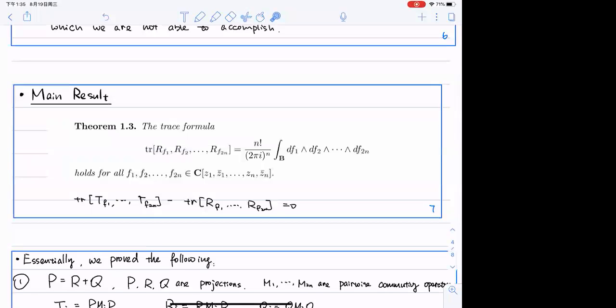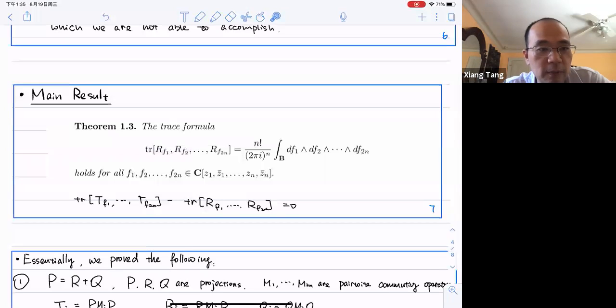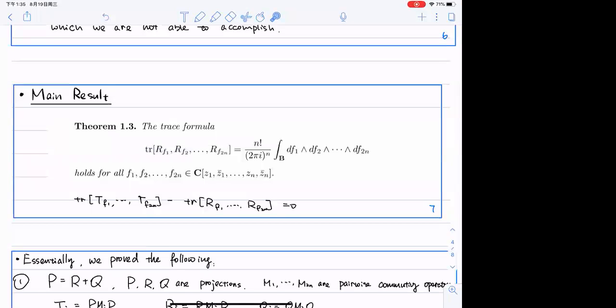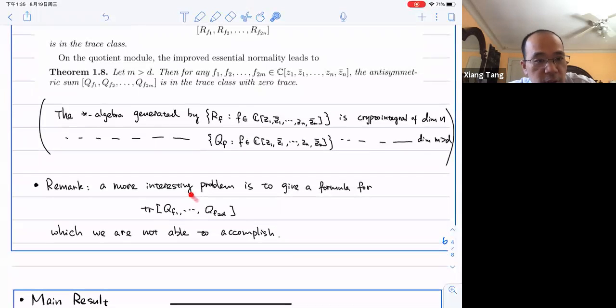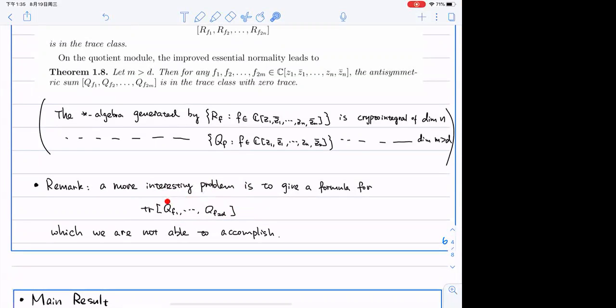Your main result computes the Helton-Howe trace of this R_f. So how about for Q_f? You said it is difficult. Do you have some challenge or difficulty in mind?